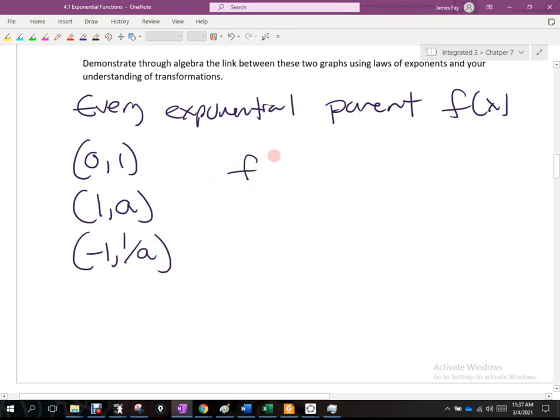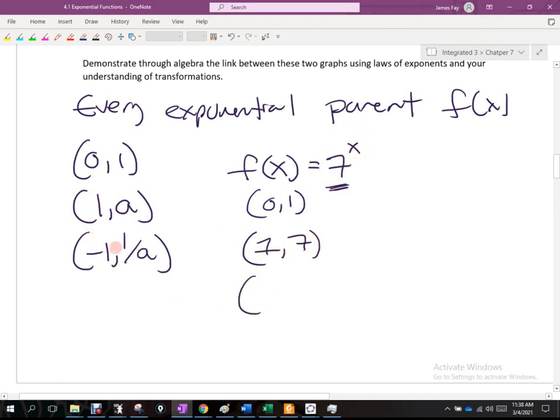So if I say f of x equals 7 to the x, and I ask you to graph this quickly, the first point you're going to graph is 0, 1. What is A in this? The base. So I'm going to have 1 comma that base, so 1 comma 7. And then I'll have -1 comma 1 over 7.